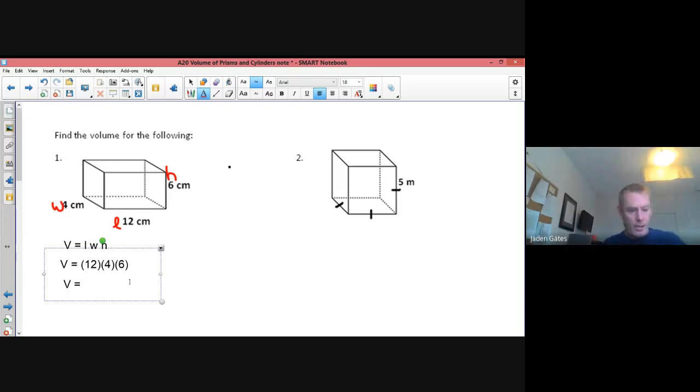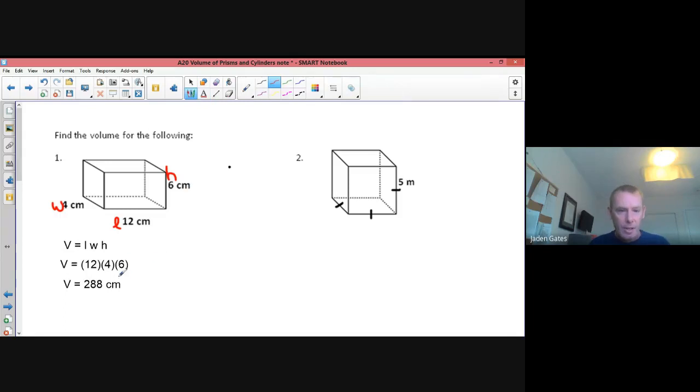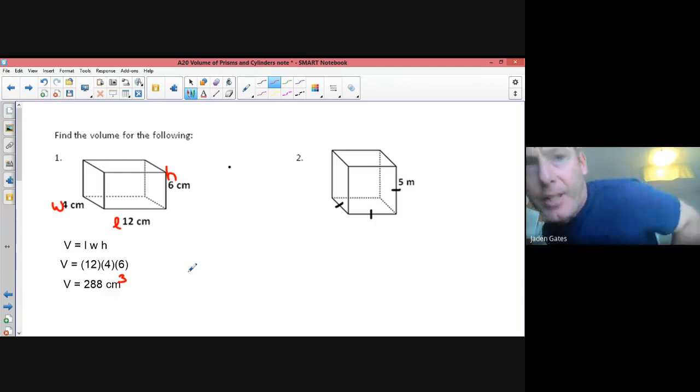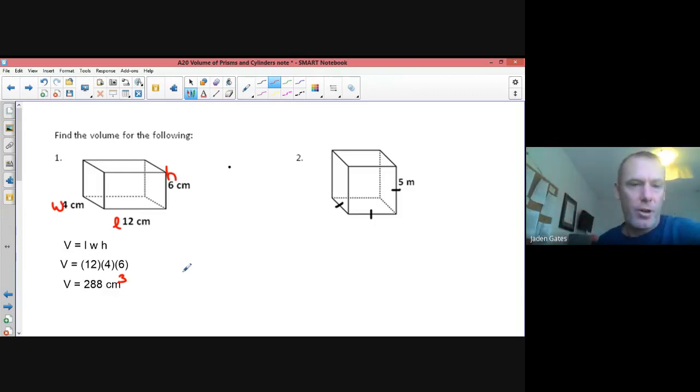I get 288. Now we have to worry about the units. We're in centimeters, but because we're looking at volume, and space is 3-dimensional, it's cubic centimeters.